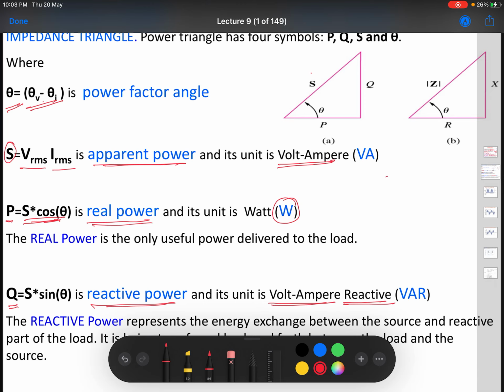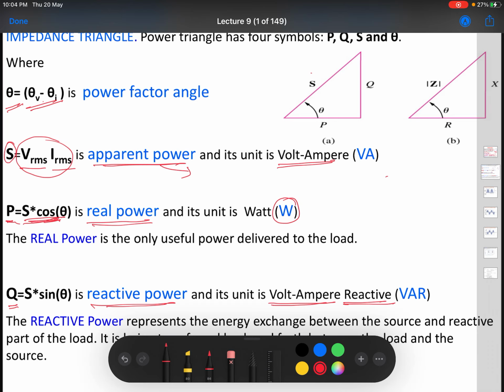In fact, apparent power is something which appears to be flowing in the circuit. If you take the voltage and current and multiply as you do in a DC circuit, you will find some power, because that is basically multiplication of V and I. If you do a similar thing in an AC circuit, you again find that power, but it is called apparent power because it appears that that much power is flowing, which is the multiplication of Vrms into Irms.